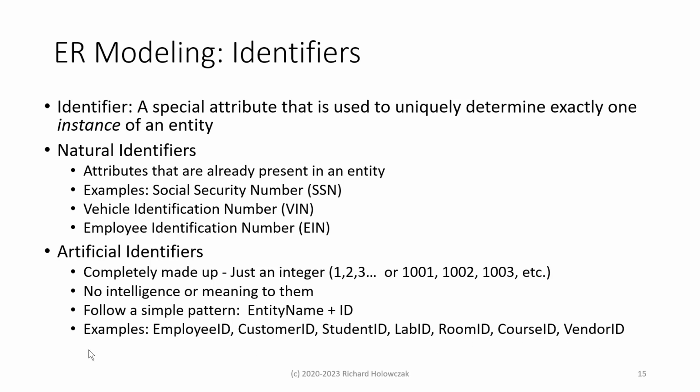I'm going to recommend that when you have an entity and you have your attributes, the easiest thing for you to do is to then add an artificial identifier. Even if the entity already has social security number or vehicle identification number or serial number or some other natural identifier, use an artificial identifier anyway.